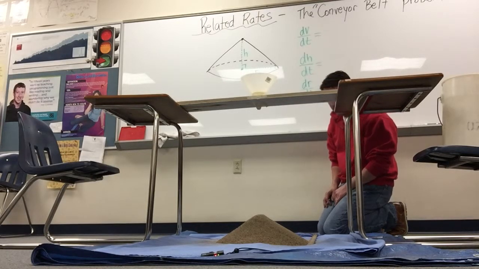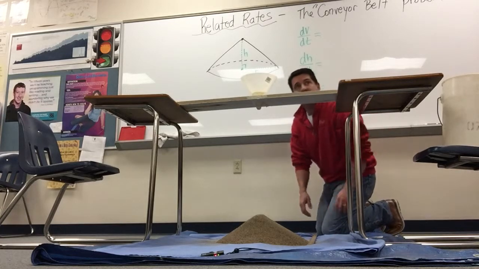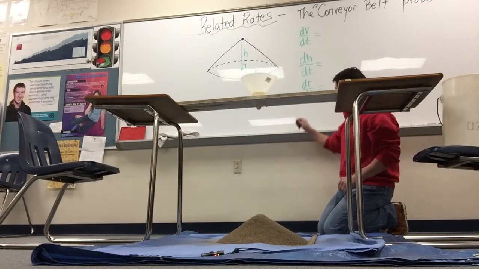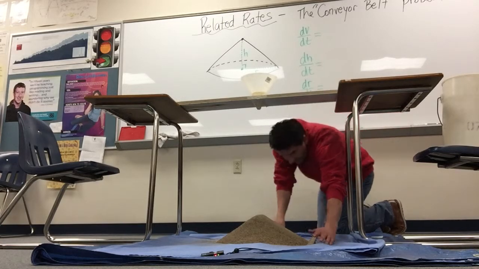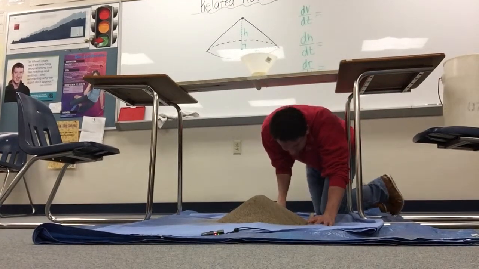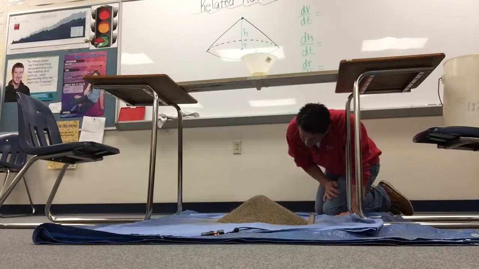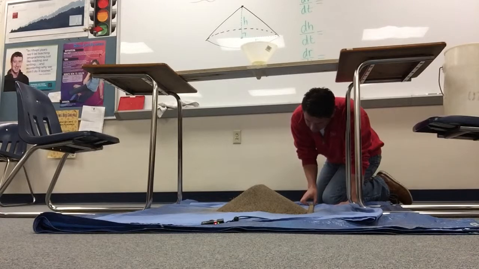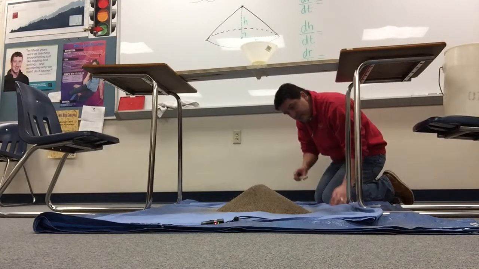All right, write these numbers down. We're going to see if our cone is a 3-to-1 ratio. Okay, I don't know if it is. So, diameter is 48 centimeters.